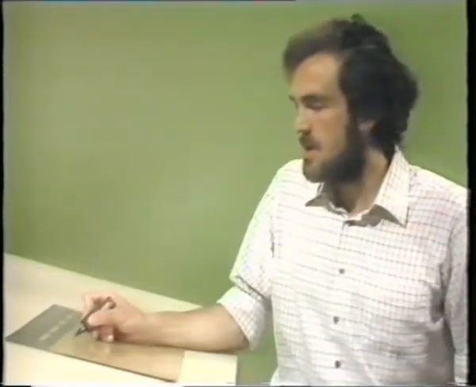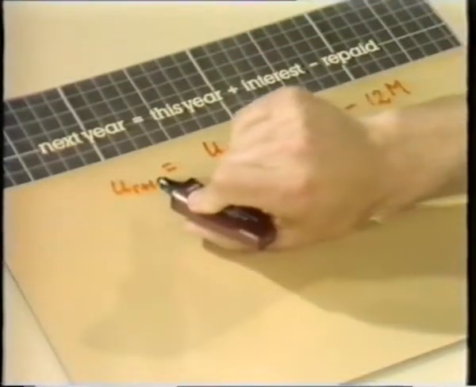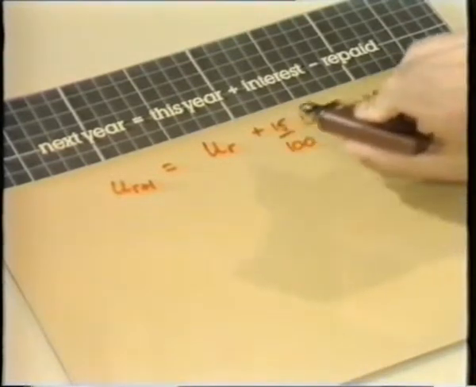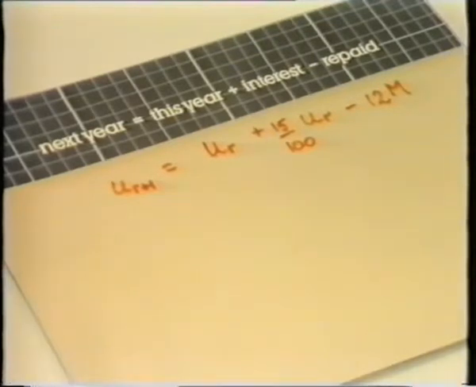And this is just the amount that we owe next year, which is Un+1. And so we have the recurrence relation, Un+1 is equal to Un plus 1/1500 Un minus 12M.